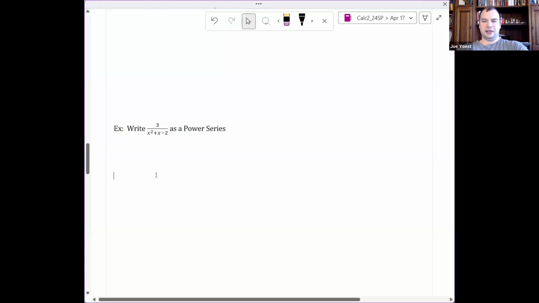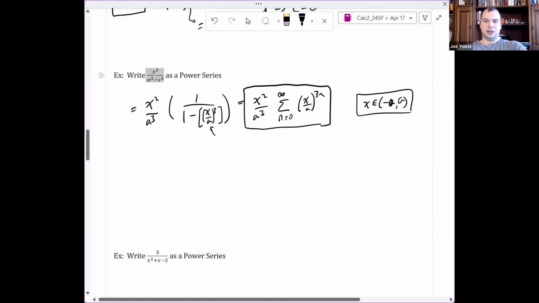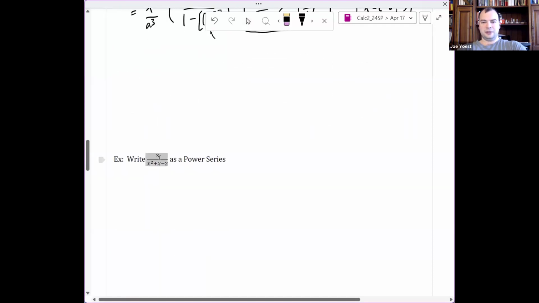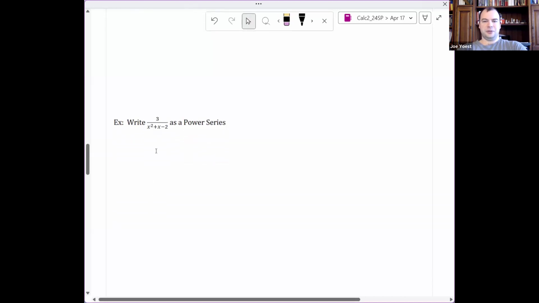What about a function like this? This looks kind of qualitatively similar to this one up here. This was pretty straightforward to work with. What about this one, though? Right, 3 over x squared plus x minus 2 as a power series.